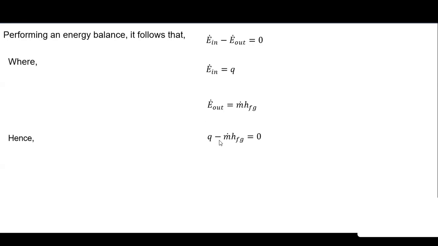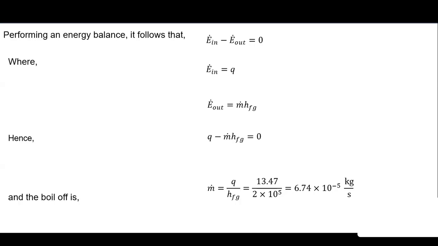Hence, Q minus M dot HFG is equal to 0, or Q is equal to M dot into HFG, and M dot is then Q upon HFG, and can be calculated as 13.47 divided by HFG, which is already given as 2 into 10 to the power 5, and you can see that 6.74 into 10 to the power minus 5, a very small amount of liquid nitrogen, is getting boiled off.